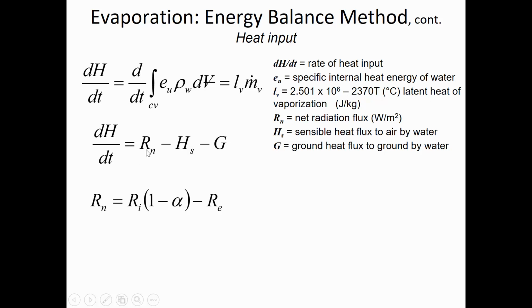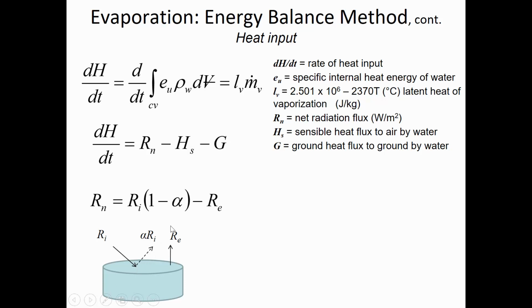Now, this net radiation flux is less than the radiation that's coming in to the Earth's atmosphere, because we have reflection and emission. So this is showing that your R sub I would be the sun's radiation that made it through the upper atmosphere, and it's getting close to the surface.